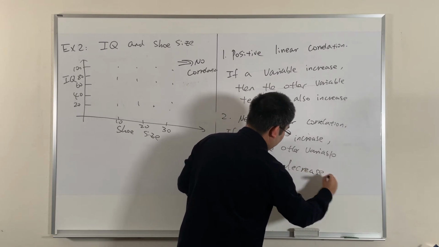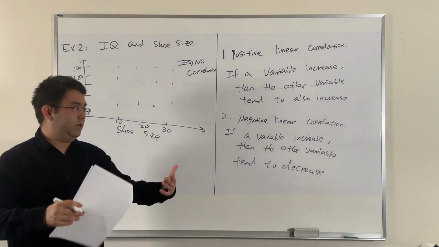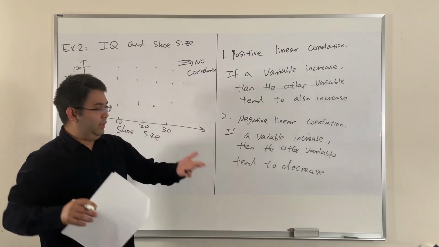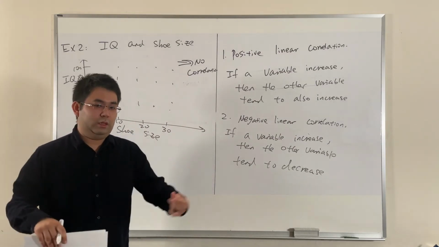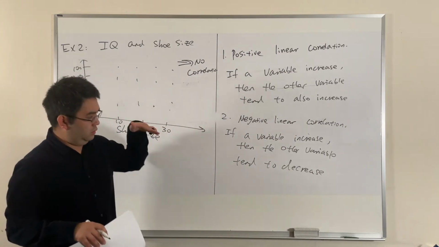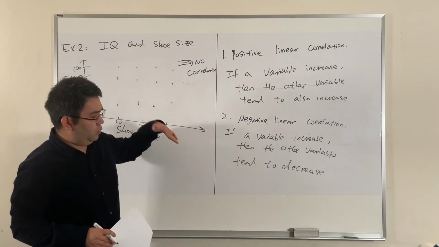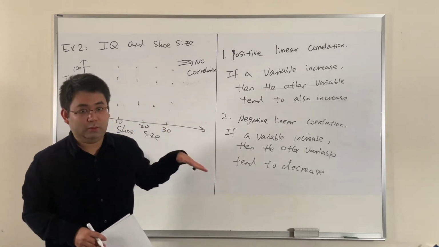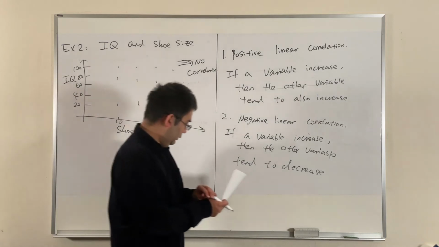So this shows you the opposite effects. If one variable goes up, the other variable tends to go down. So they're negatively correlated, and the shape of the scatter plot is going downward.